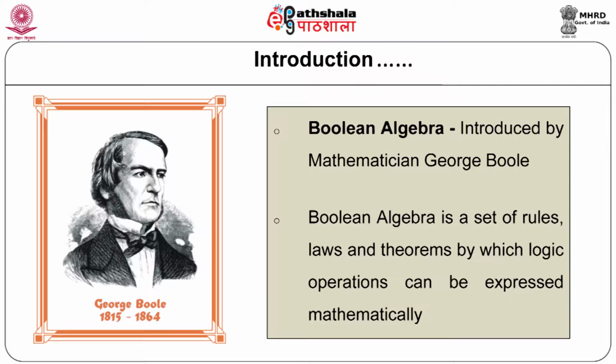Let us now talk about what Boolean algebra is and how it differs from traditional algebra. Boolean algebra is a set of rules, laws and theorems by which logical expressions can be expressed mathematically. Boolean algebra deals with two valued variables, that is true or false.